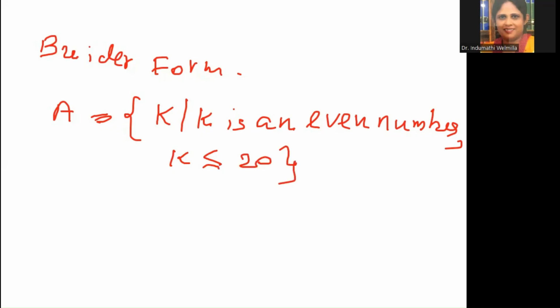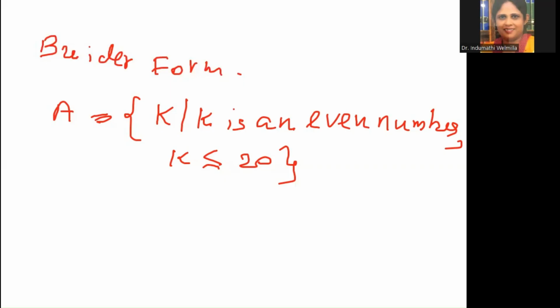This statement says all the elements of set A are even numbers that are less than or equal to 20. Most of the time we use this method to represent our set.